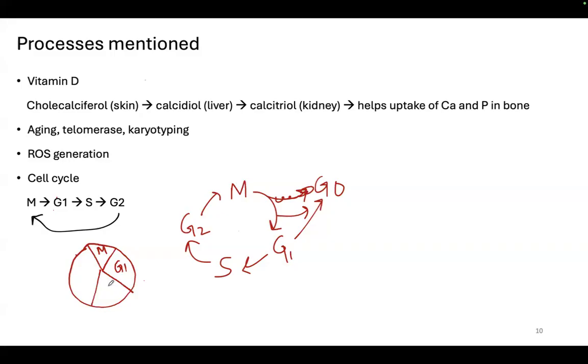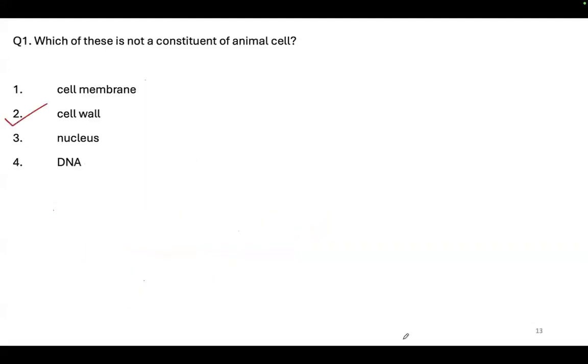It's just M during M, but it's during G1 that it can go up. So during the G1 phase is when the cell can exit the cell cycle.